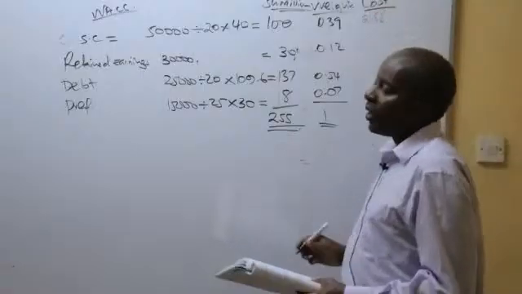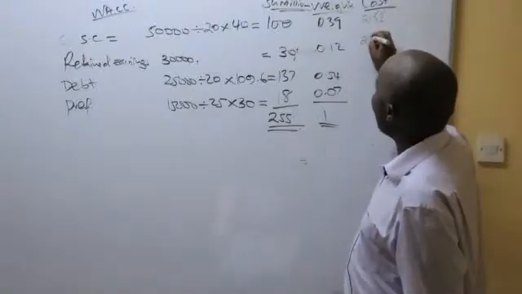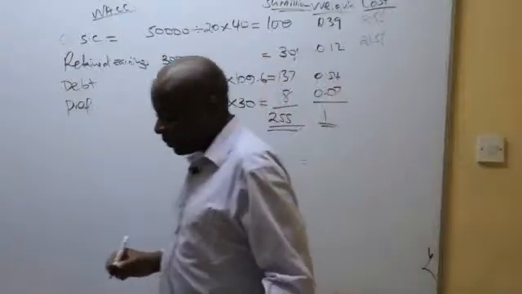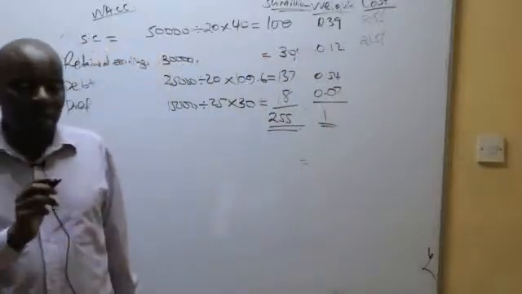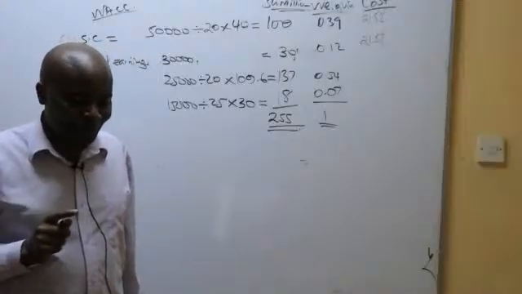Retained earnings, of course, falls under equity. It will also be 21.5%. But now remember, ladies and gentlemen, that these two have only been able to have the same figures because we don't have flotation.